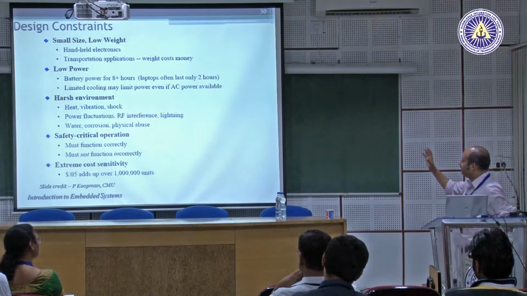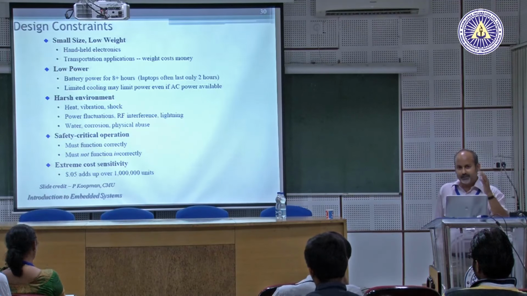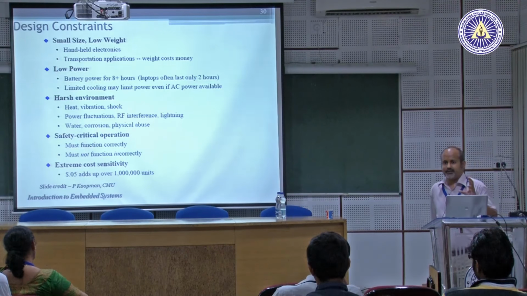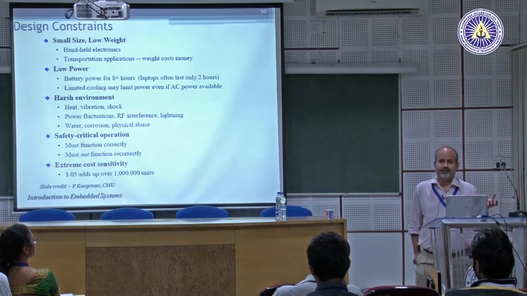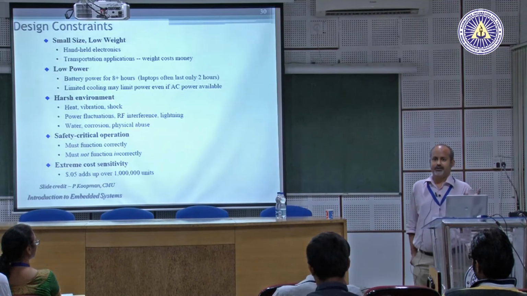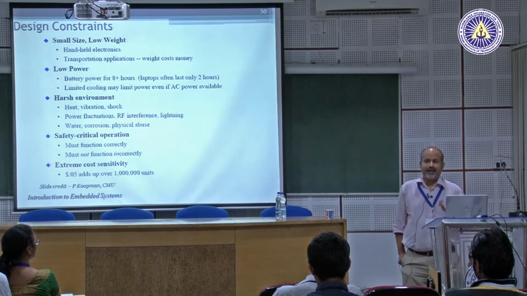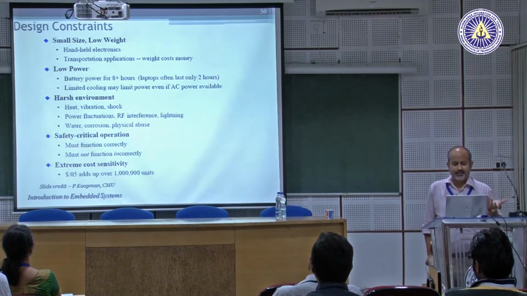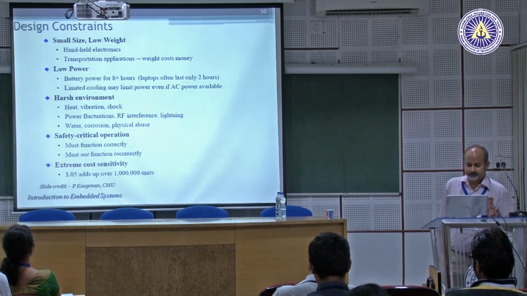Design constraints may be given to you in a very quantitative manner. For example, you might be told what form factor you have to achieve, and sometimes the form factor is also associated with the power dissipation. If your system gets heated up, your package might melt, right? So you have to have the form factor associated with the heat dissipation requirements.